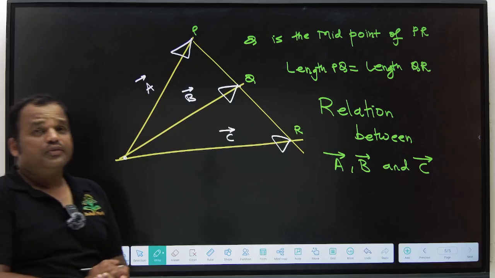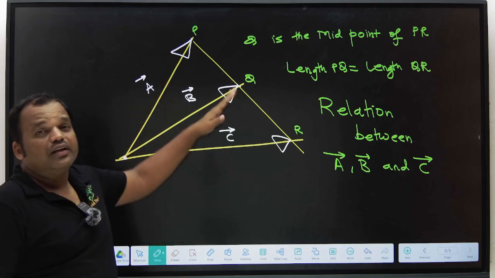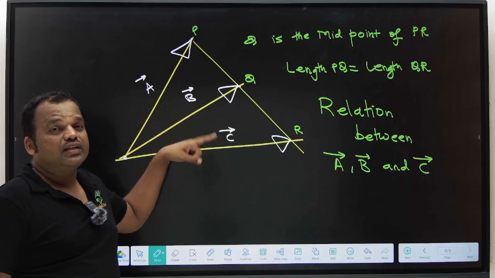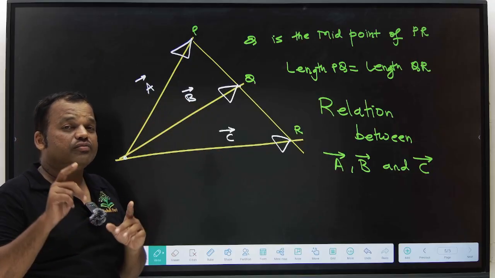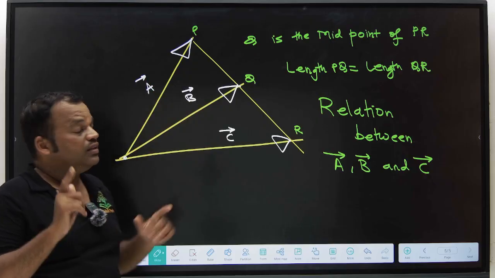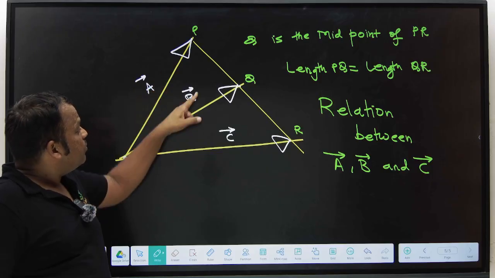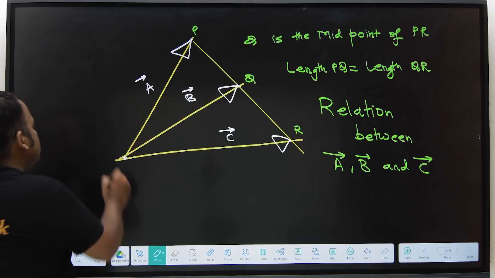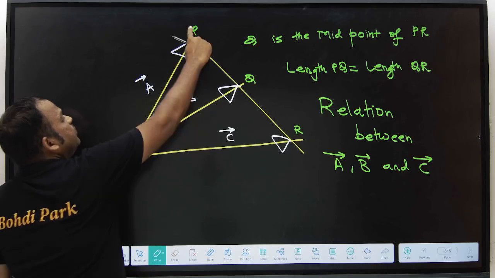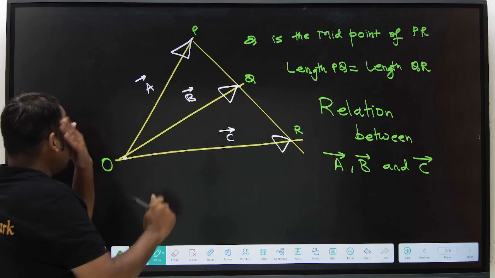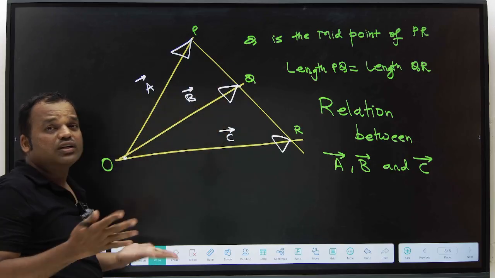Now one thing you will notice is that they are not forming a triangle. A vector, B vector, C vector are not three sides of the same triangle. A vector and B vector are two sides of this triangle. Let's suppose this point is O. So for OPQ, A vector and B vector are the two sides, and the third side is PQ, which is not a vector.